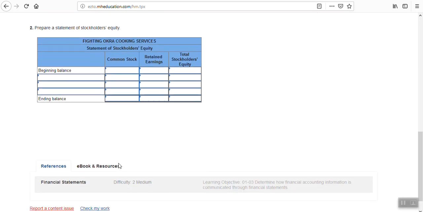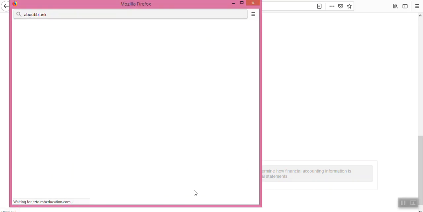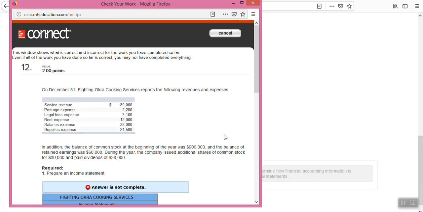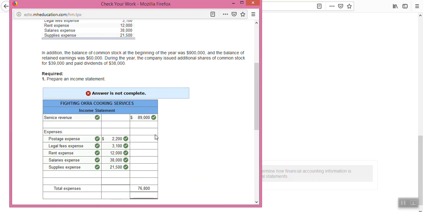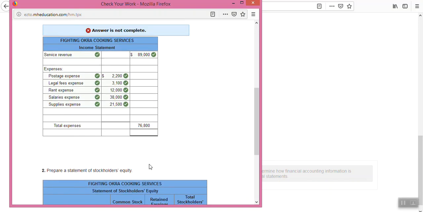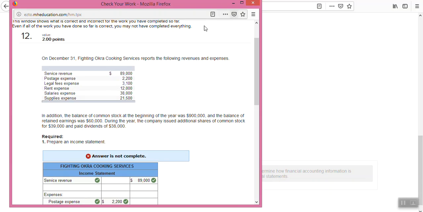And let's see what it says. We're going to check our work. And you'll see, I've got all these green check marks, but it says answer is not complete. So there's something missing here, which of course we've got a whole second part. So that would be an indicator that something is not finished.